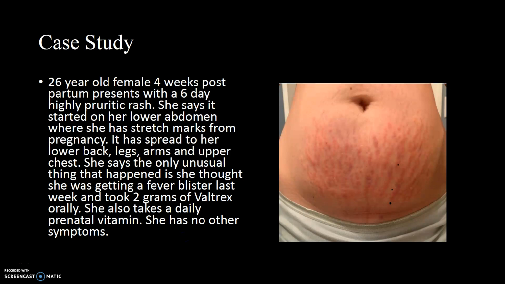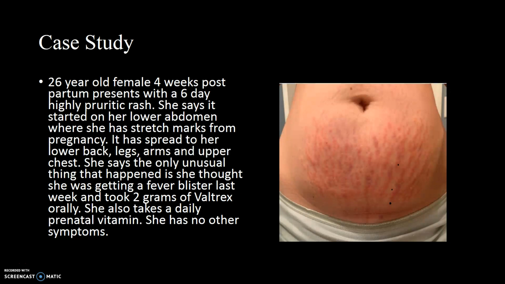We have a 26-year-old female, 4 weeks postpartum. She presents with a 6-day history of a highly pruritic rash. She said it started on her lower abdomen, where her stretch marks are from pregnancy. It has now spread to her lower back, legs, arms, and upper chest.